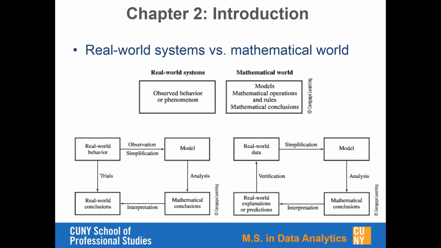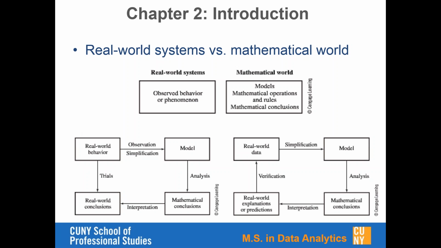So remember that in the previous week we discussed this chart, with the real world on the left-hand side and the math model on the right-hand side. Let's take a look at the bottom of the left-hand side.